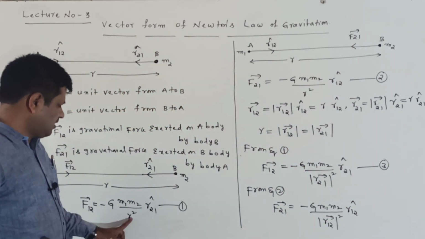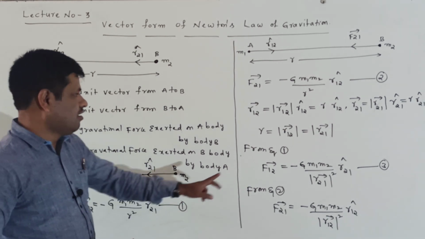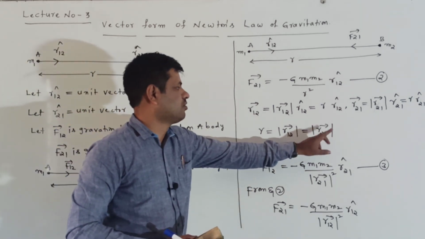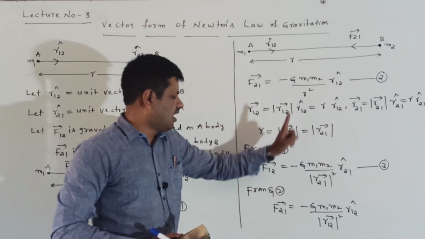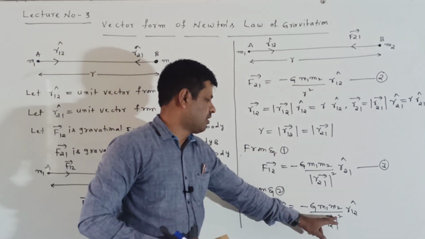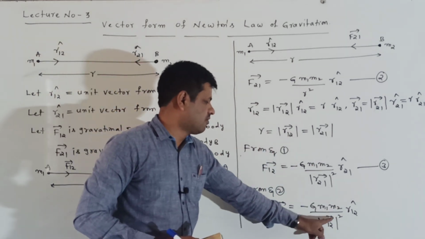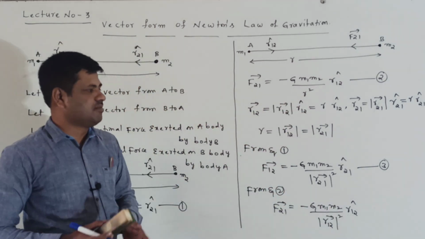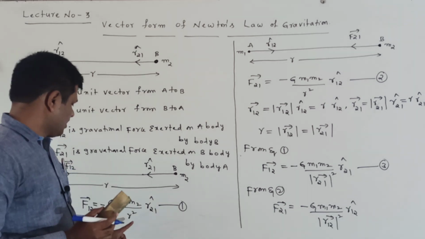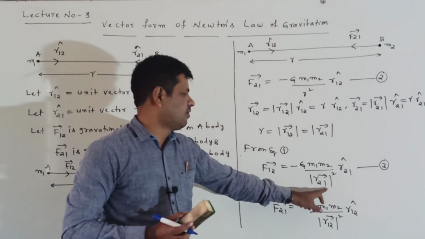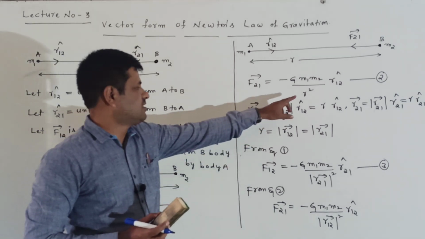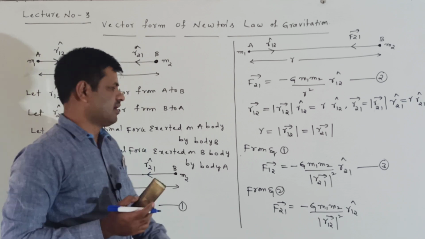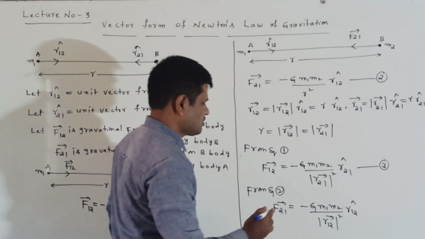Listen clearly once again. In equation 3, in place of R, I write mod R21 bar. Here, in place of R, I write mod R12 bar. The square is there, so as usual we write the square. This is given equation number 4.